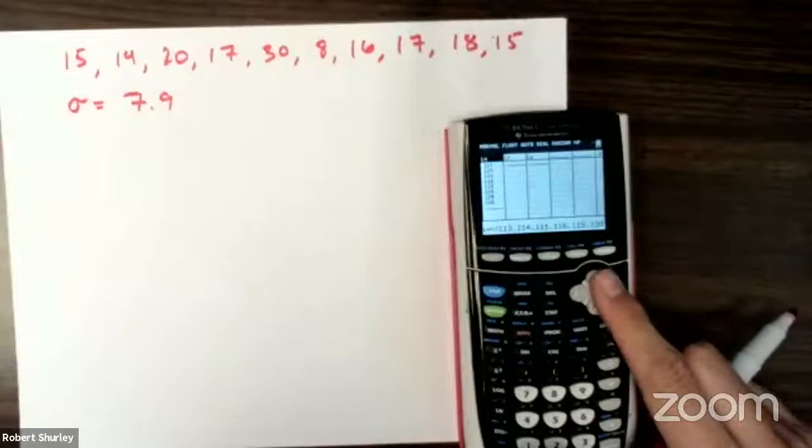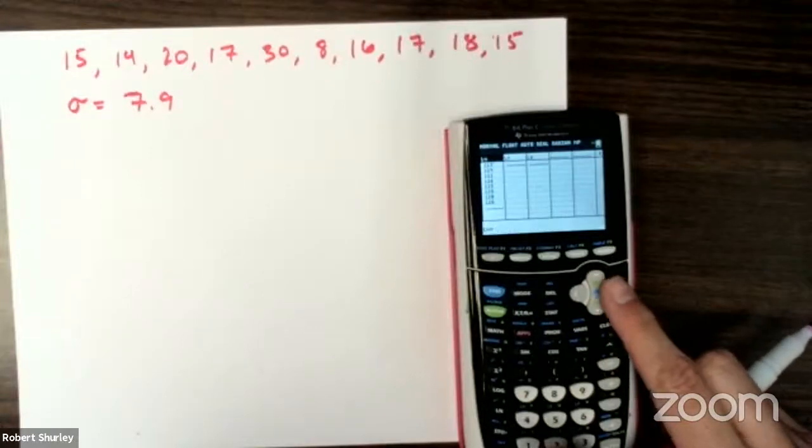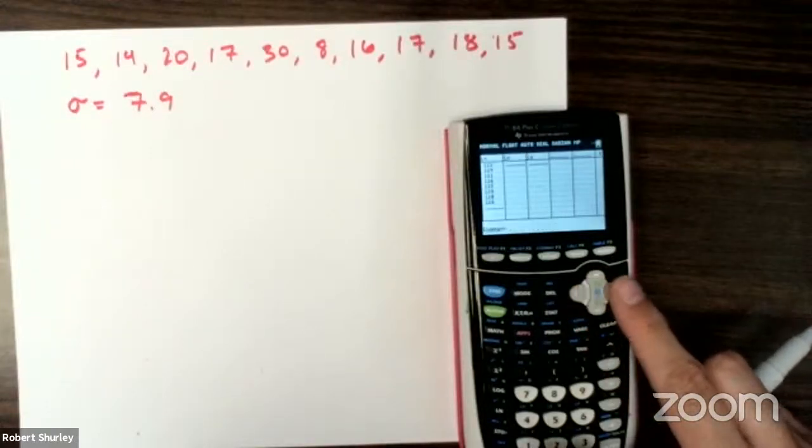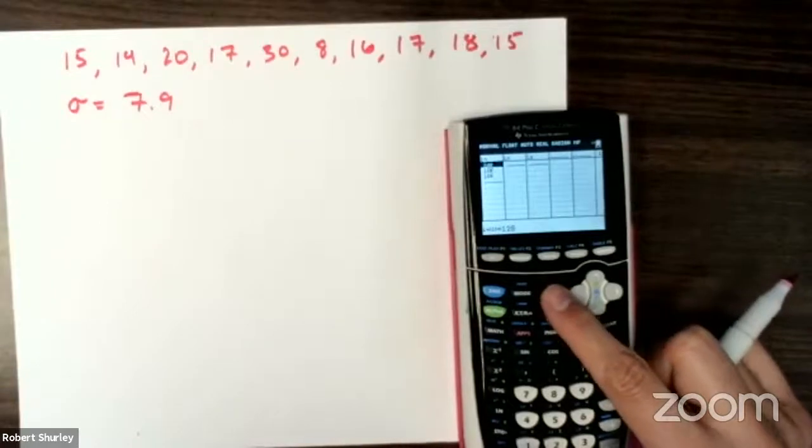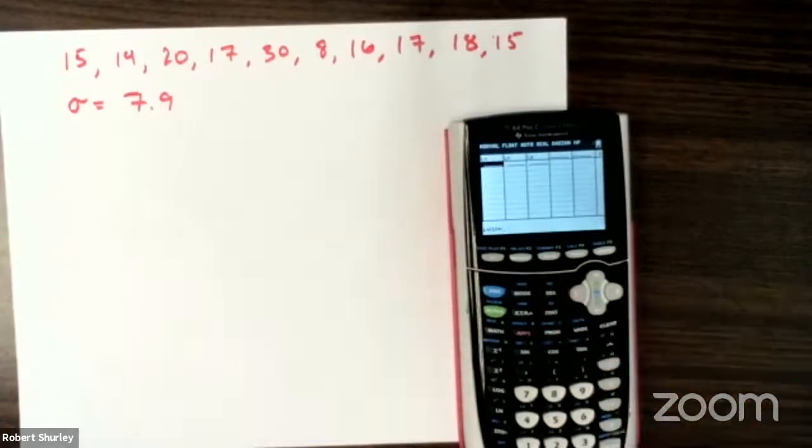Nope, that's weird. Hit delete. If you want to delete, go up, delete. There you go. I've got to make it list 4.